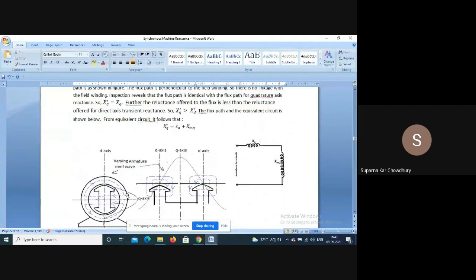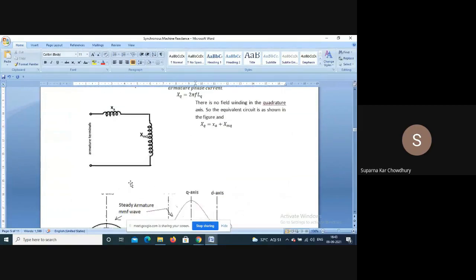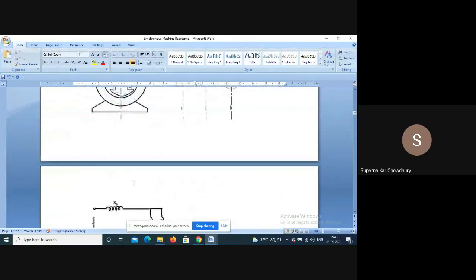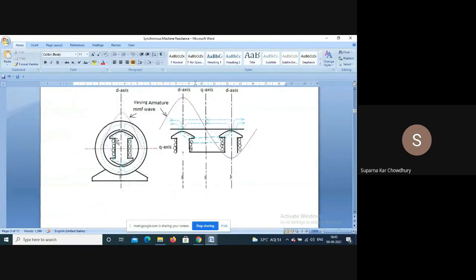This is Xq double dashed, and for Xd double dashed, the rotor flux linkage should be zero. It should not pass through the rotor body, so it is mainly through air.